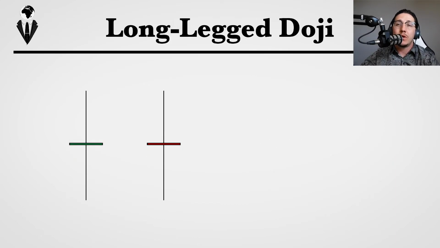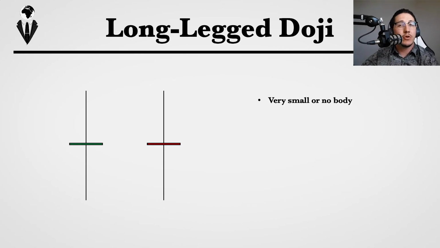All right, the next one we're going to look at is the long-legged doji candle. This one is very similar to the last one we just looked at. However, you're going to notice the body of this candle, this section right here, is a lot smaller than the last one. This one is going to have a very small or no body. Sometimes it will open and close at the same exact price.